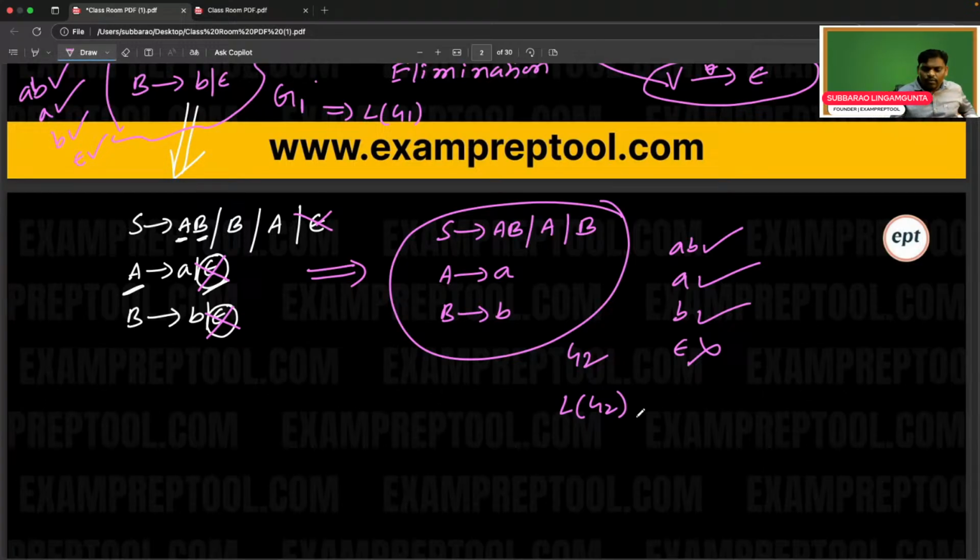So I will write now. For every epsilon free CFG, you will get the equivalent grammar after elimination of null production.